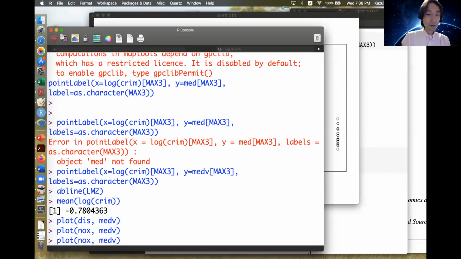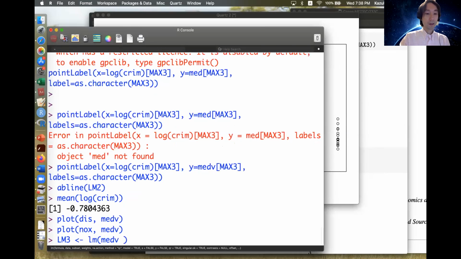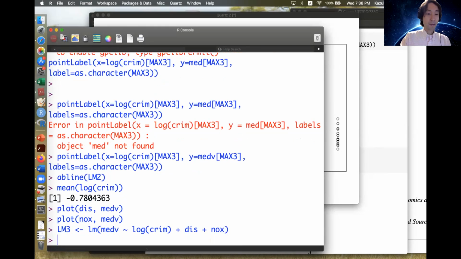So think about introducing these two variables in the linear model. So we define LM3 as LM, median value on the log of crime rate, the distance from the city center, and NOx.